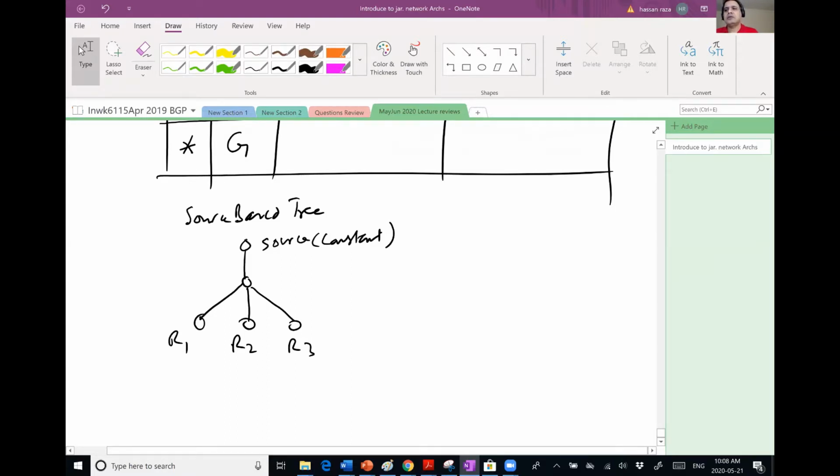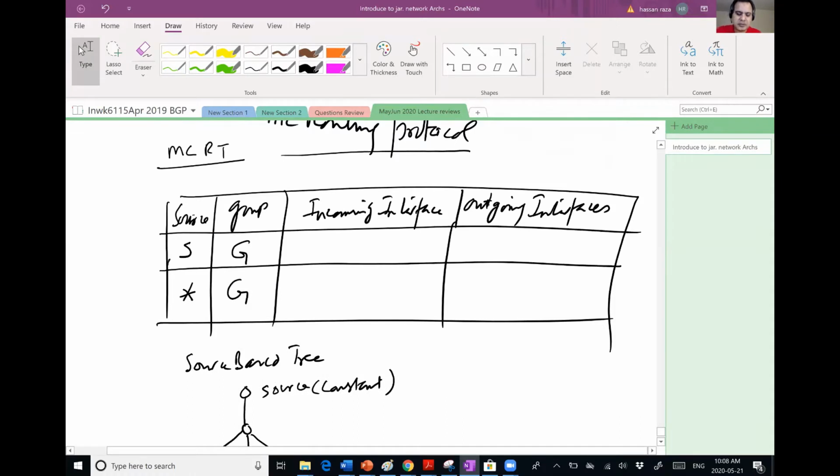That is how class D is different from the other classes of IP address. So all these three will have the same IP multicast address, and that address will come here.